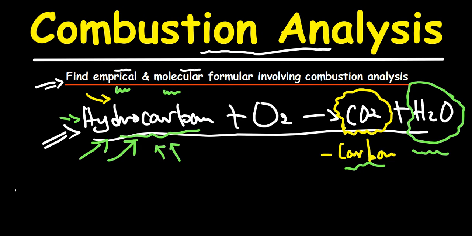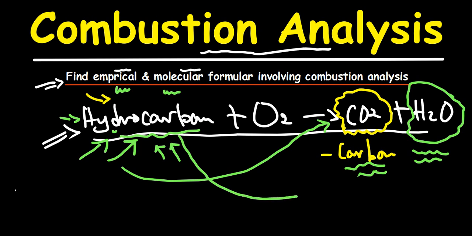So we are going to be using this reaction, combustion analysis, in that way. It will help us find the amount of carbon and the amount of hydrogen there. Okay, so let me state again. All the carbon in this hydrocarbon goes and becomes part of the carbon dioxide. And then all the hydrogen in this hydrocarbon will become a part of this water.